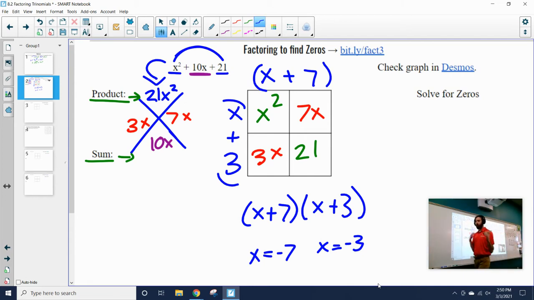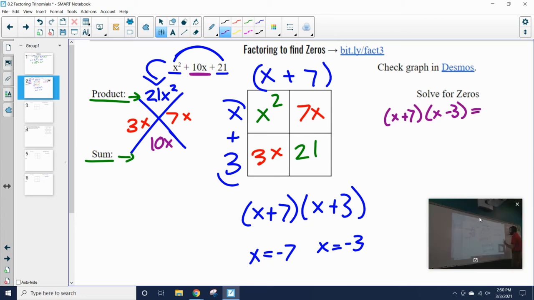Now the reason this works, the reason we're allowed to do this, is because if we have the quadratic x plus 7 times x minus 3, we are essentially looking at when this quadratic is equal to 0. And if we think about it, these two factors are being multiplied by each other.